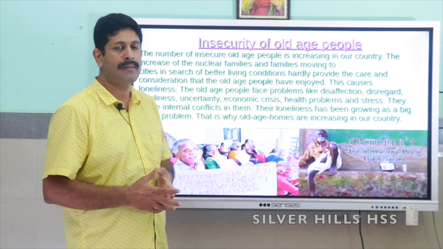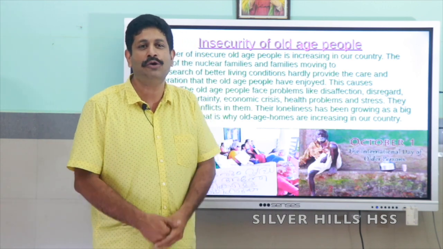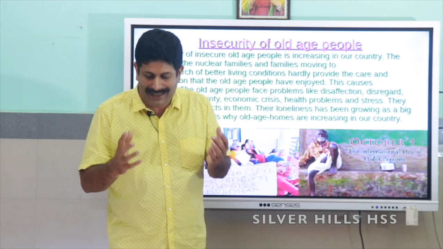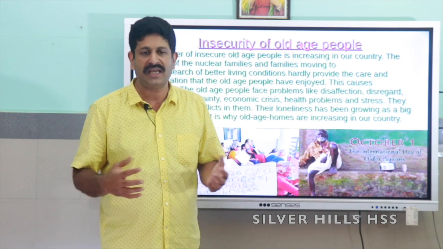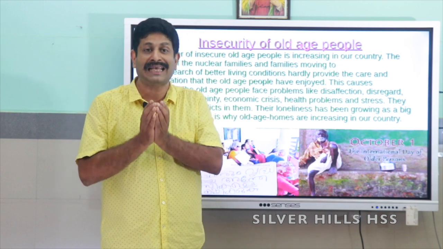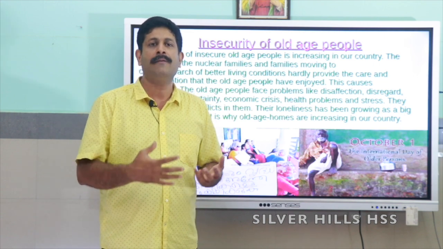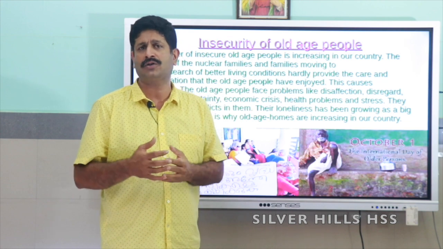Now the next problem is a huge problem when we are talking about Kerala. It's the insecurity of old age people. When we are talking about Kerala, because of the medical facilities, because of the literacy and other things, people's life expectancy is growing. Around 100 years before, we had an age structure of 50 or 55 years.